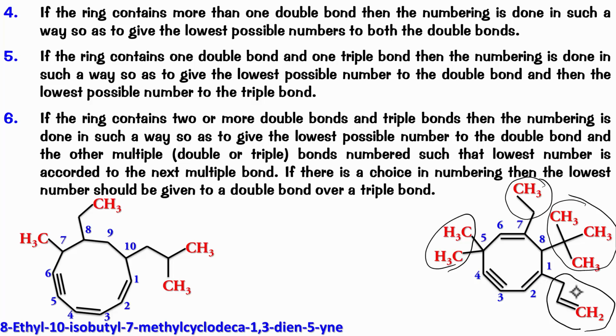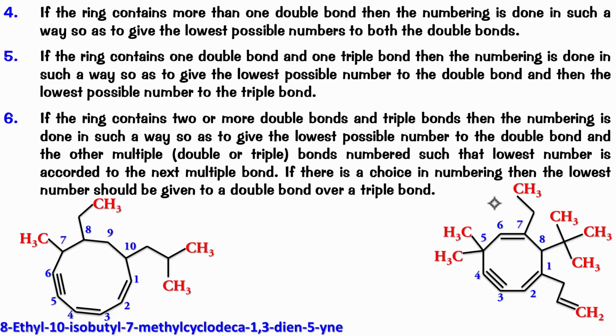Well, allyl always will win, A. In tert-butyl, remember we never look at T, we look at B. So tert-butyl will be the next one to go. Then ethyl, then methyl, and then the name. So let's get this right. So this is going to be 1-allyl, 8-tert-butyl, 7-ethyl, 5-dimethyl.